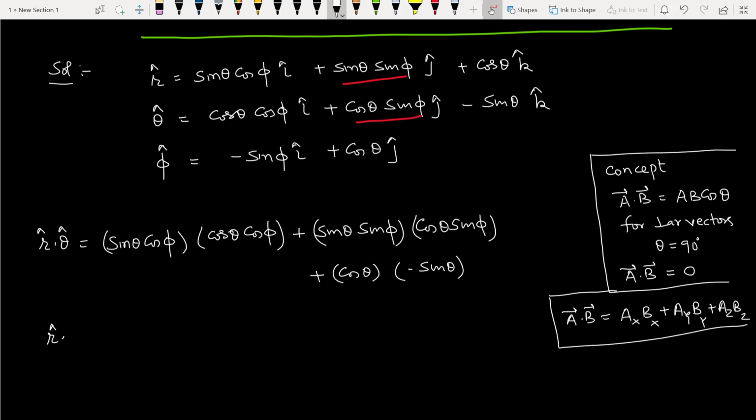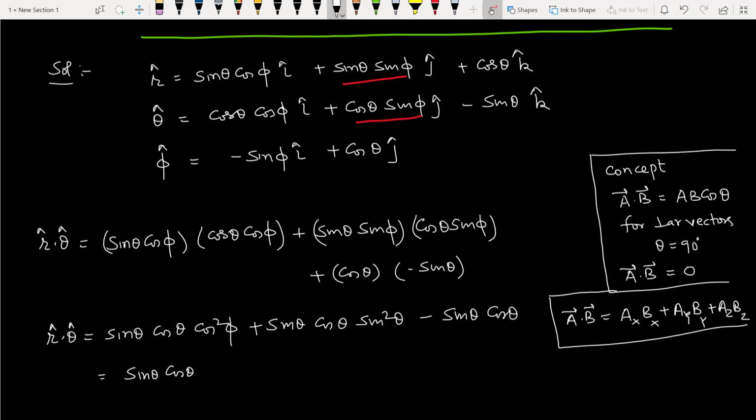So r cap dot theta cap is sin theta cos theta cos square phi plus sin theta cos theta sin square phi minus sin theta cos theta. So here it is sin theta cos theta common, cos square phi, here it is plus sin square phi, sin theta cos theta.